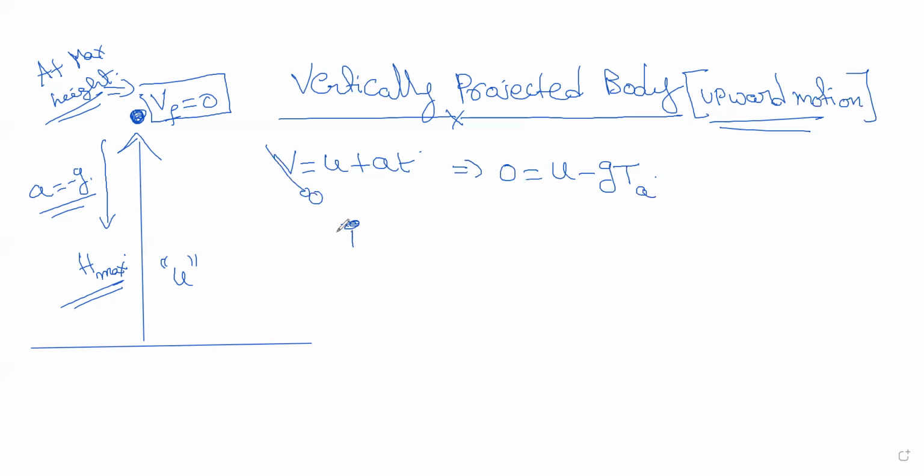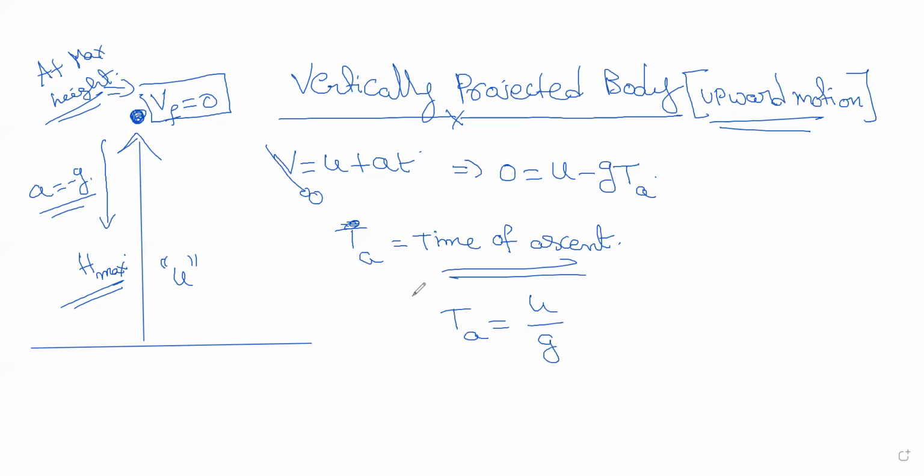So ta happens to be u by g. I hope I am clear. This is equation 1. From the first equation, we got the time of ascent.